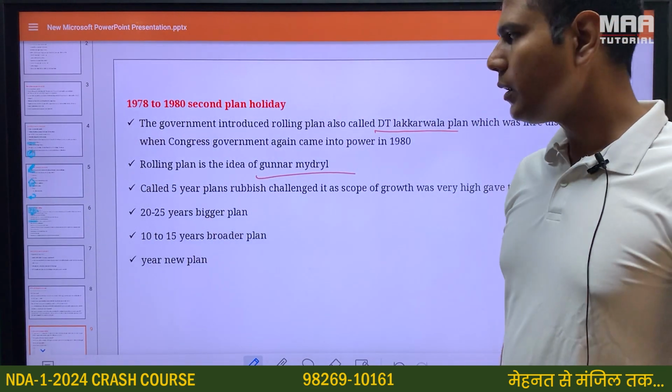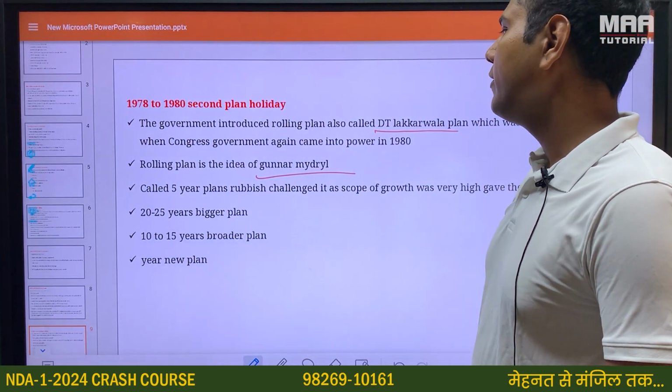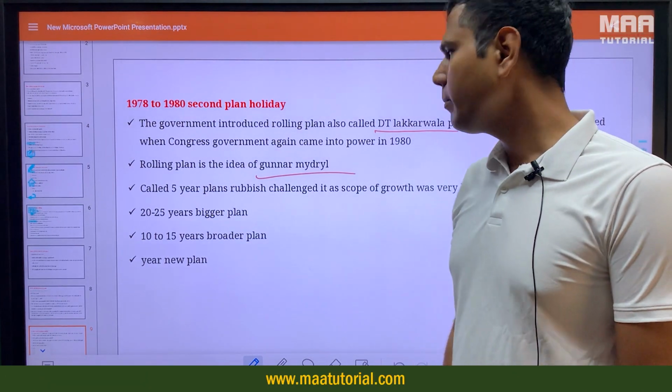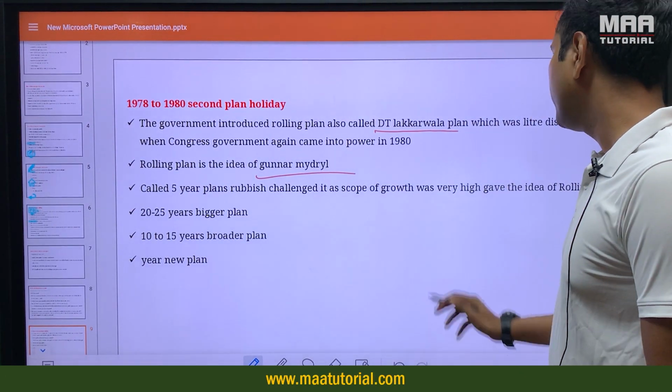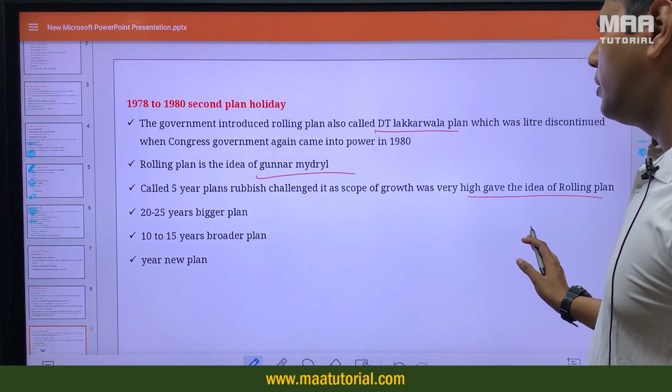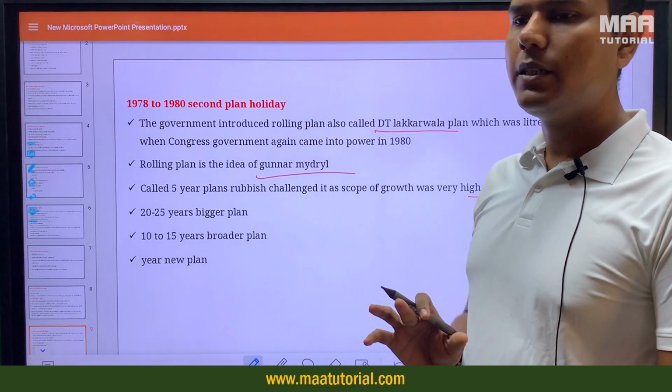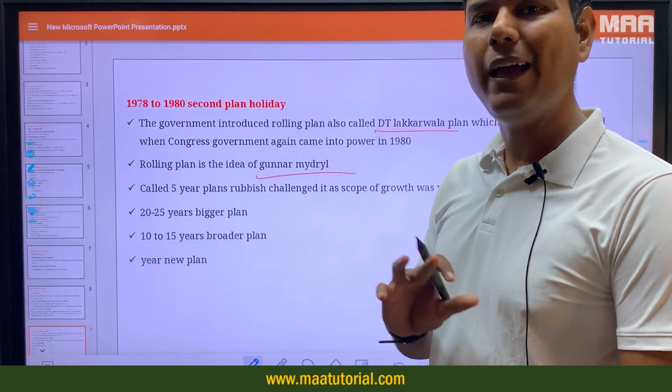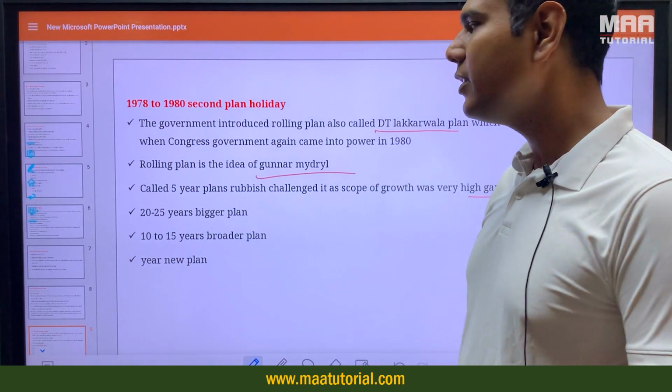Okay, Gunnar Myrdal called the 5-year plan rubbish. He didn't believe in the 5-year plan, and he believed that 5-year plans didn't give the expected results that they should.